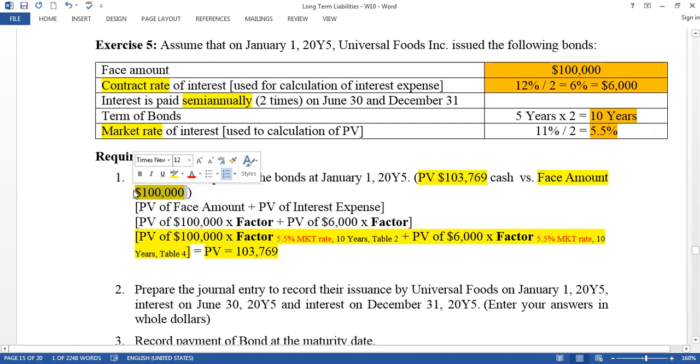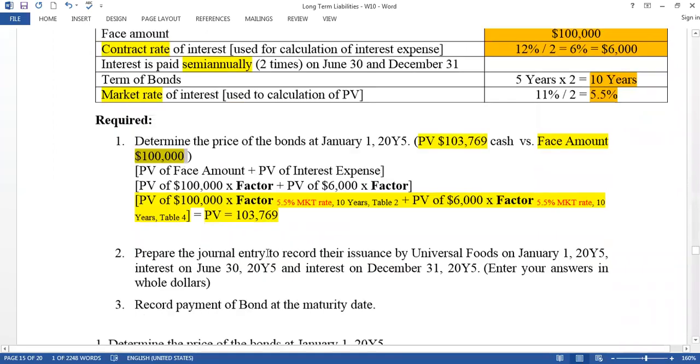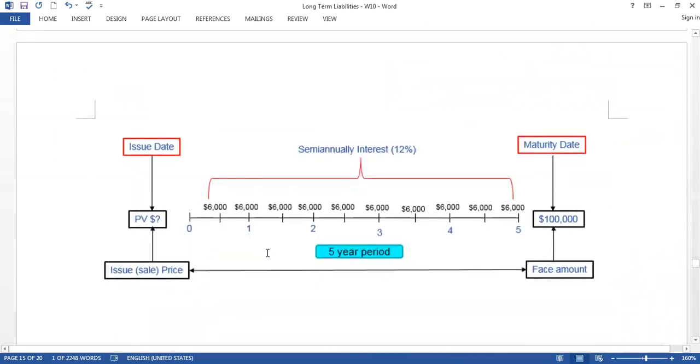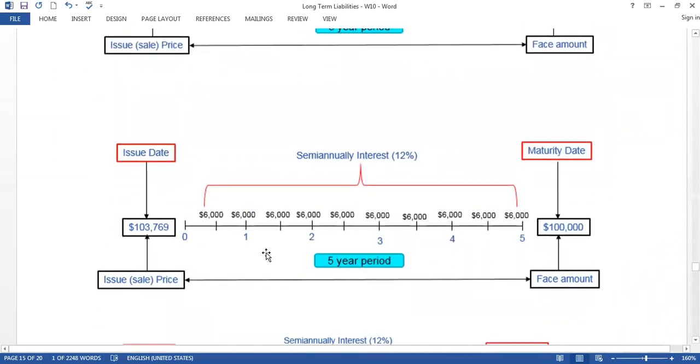Good news, because you receive more money, but you have to pay less money. So look at this diagram first. You are liable to pay $100,000, and plus you are liable to pay interest expense, right? But when we convert it into present value, we find that actually we receive higher money.